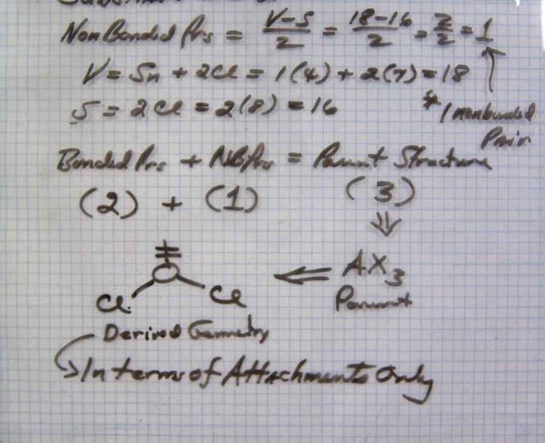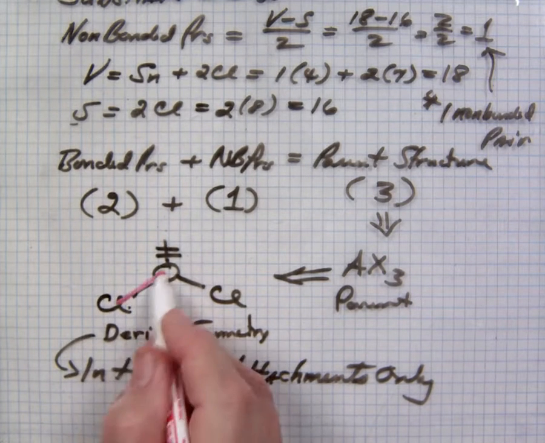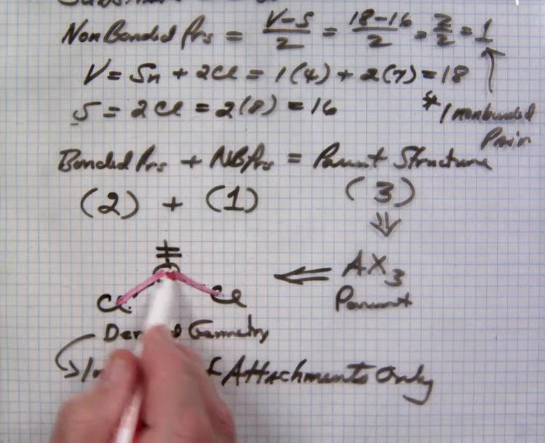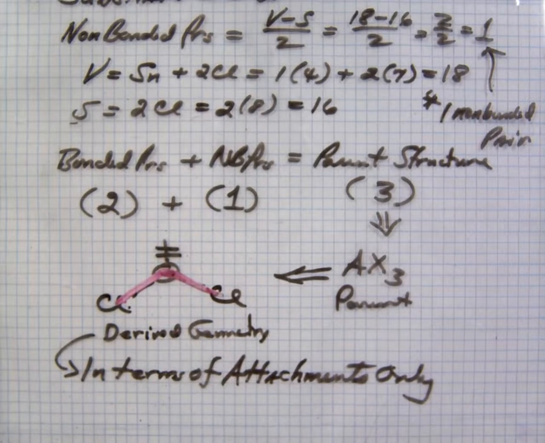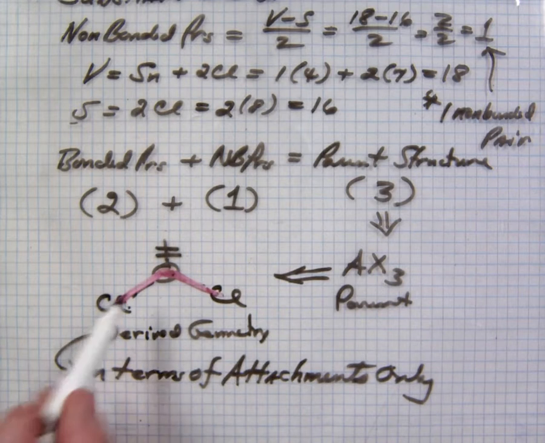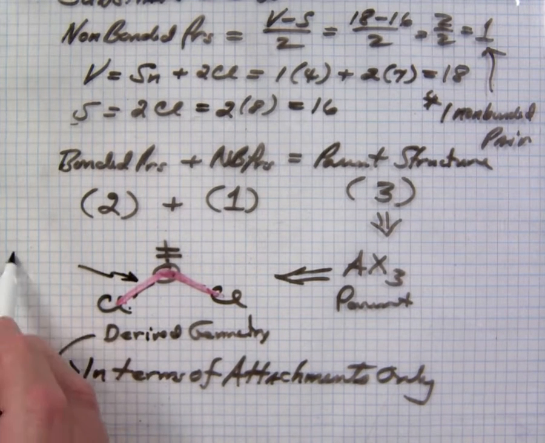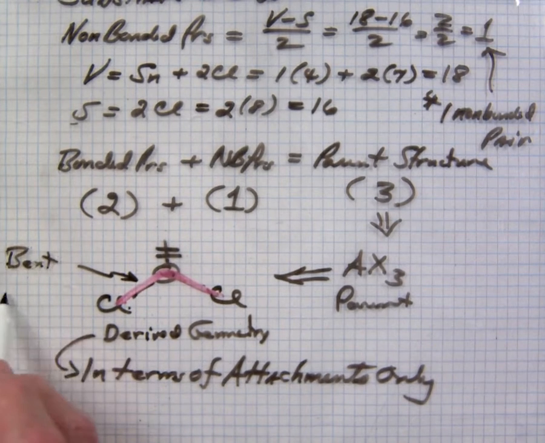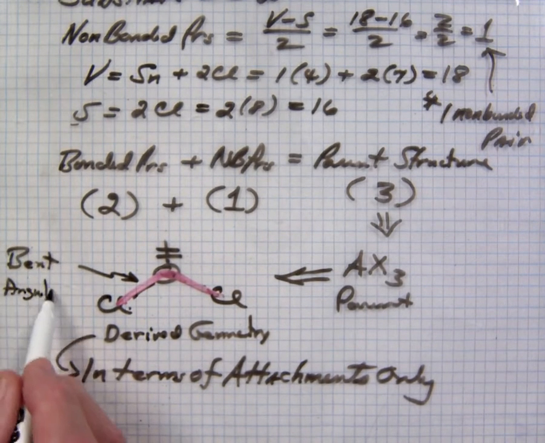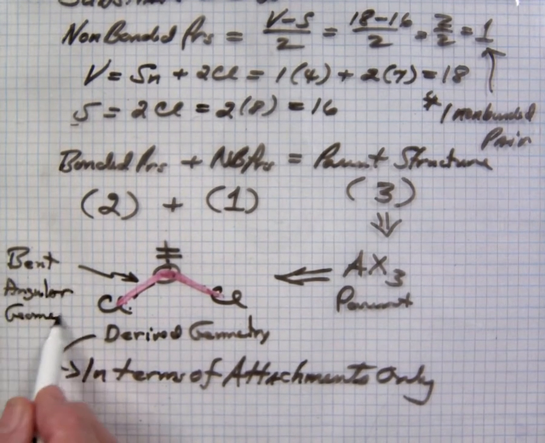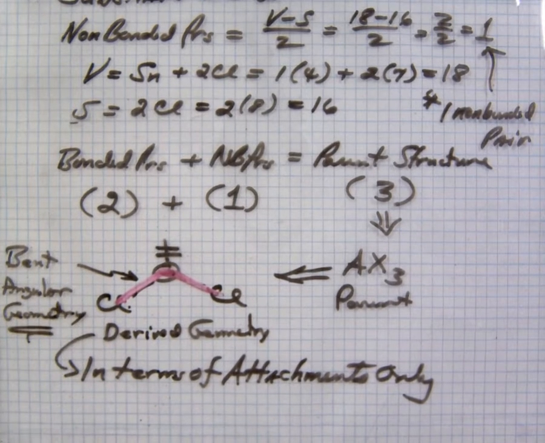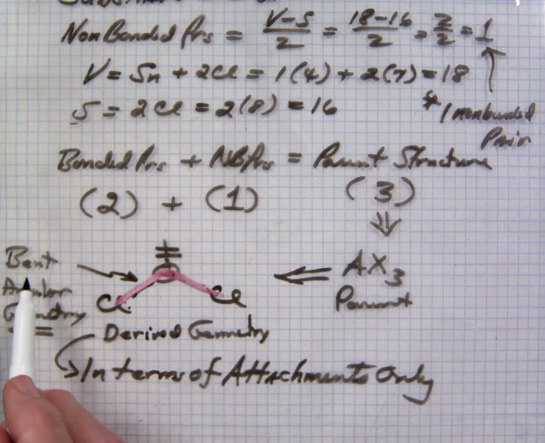So when I draw out the attachments between the chlorines and the central element right here, that shows me a bent geometry, or a bent angular geometry. It is evolving from the parent structure here.